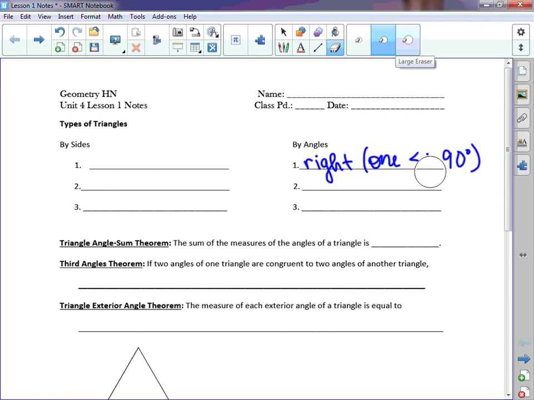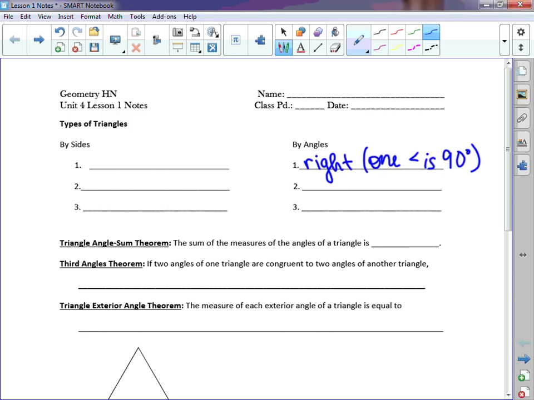Alright, now, can I have a triangle have more than one 90-degree angle? Can I have two angles be 90 degrees? No. Why not? Yeah, you need three angles. A triangle is three angles. How many total degrees are there within a triangle? 180, and that's our triangle angle sum theorem.